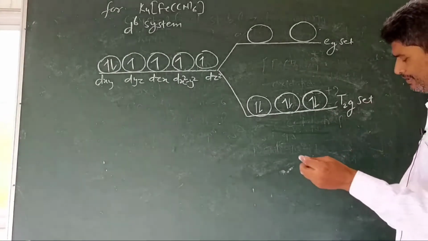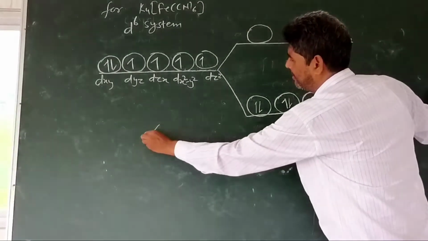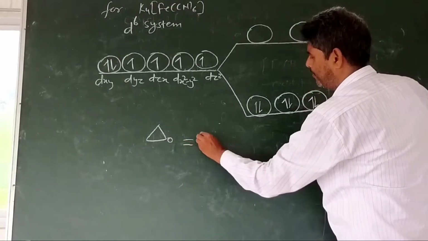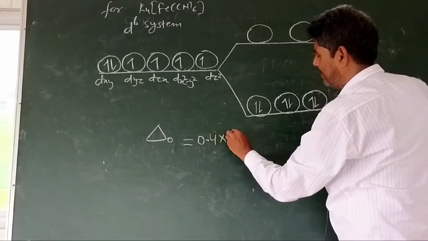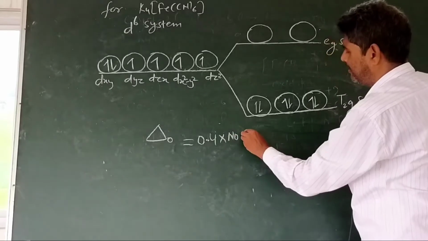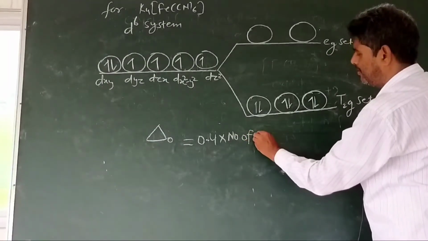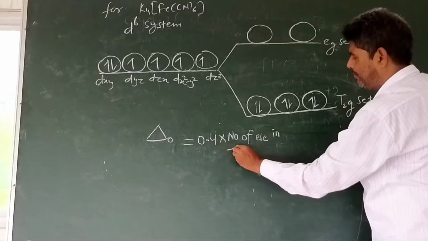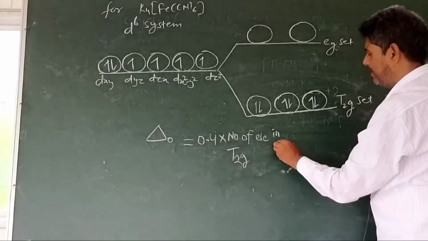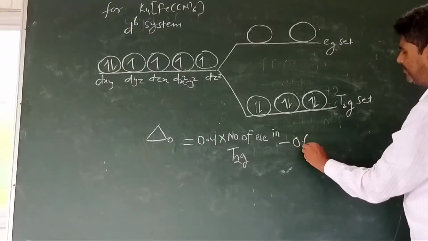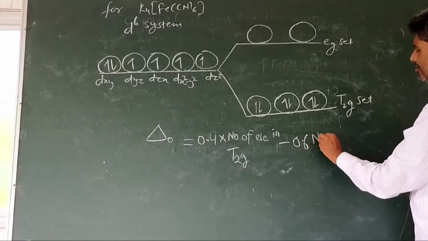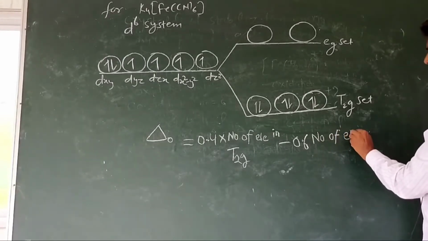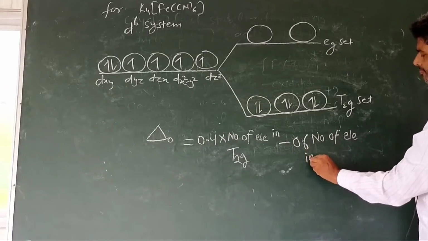After this, we will calculate the crystal field stabilization energy for the octahedron: Δo equals 0.4 times the number of electrons in the T2G set minus 0.6 times the number of electrons in the EG set.